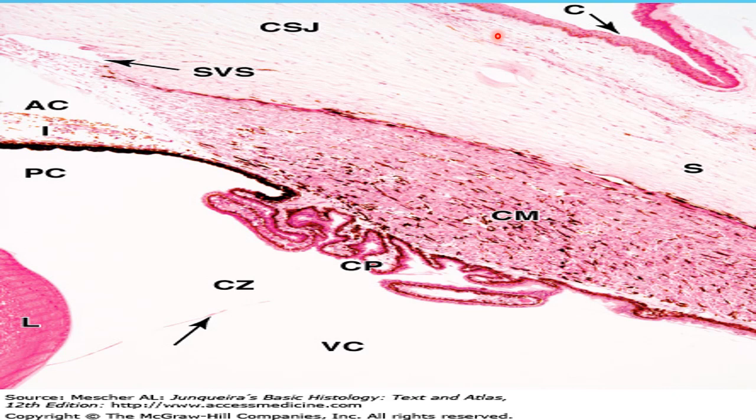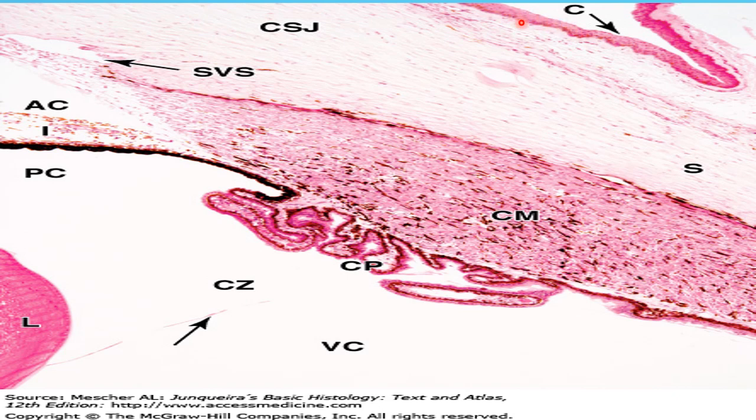And here you can see the area of the conjunctiva, which is present on the undersurface of the eyelids. Here you have the episclera, which continues with the fibrous sheet and then gets attachment with the conjunctiva.